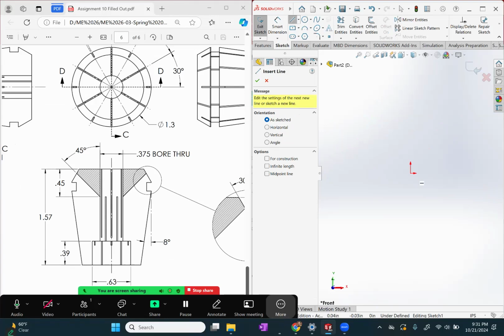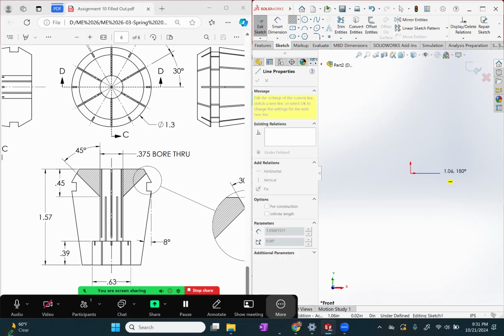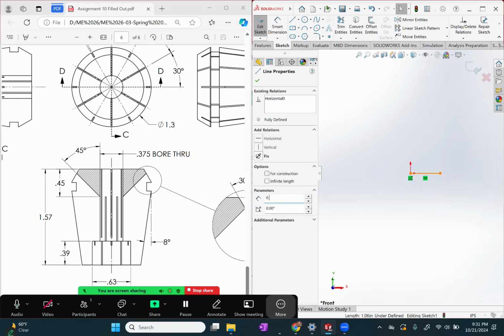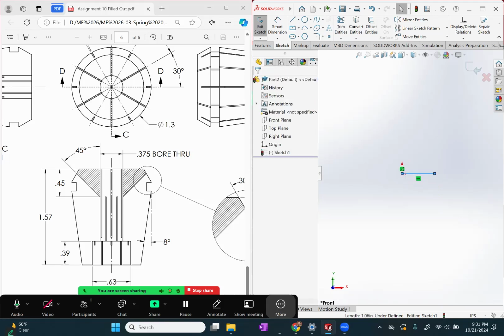So I'll start by making a line. I'll say my origin is at this point, right down the middle at the bottom. So I need to get to this point. To find this distance would be the diameter divided by half, 0.63 over half over 2. That gives me this point to this point. So that's where this endpoint is at.